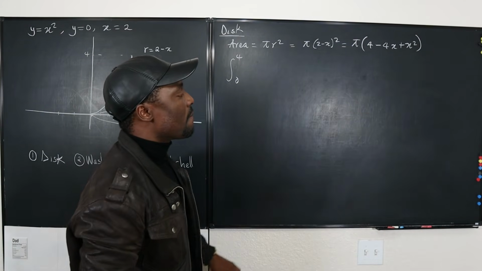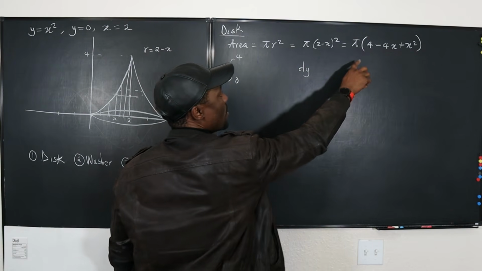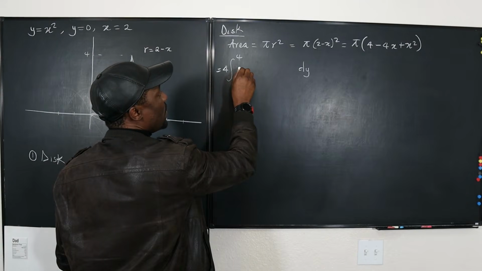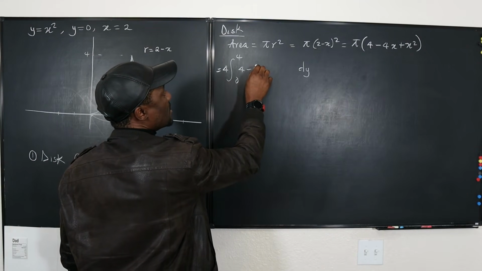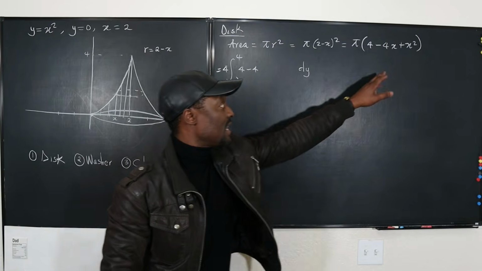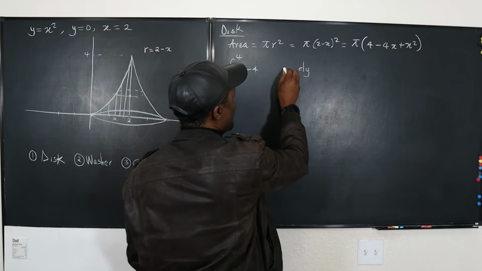Okay, now remember it's going to be dy. So let's put the pi outside here. So we're going to have 4 minus 4 times x. What is x? We can replace x squared easily, like we did in the previous one, with y. So we can put y here.